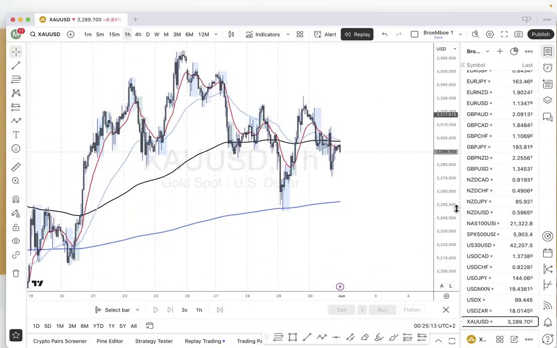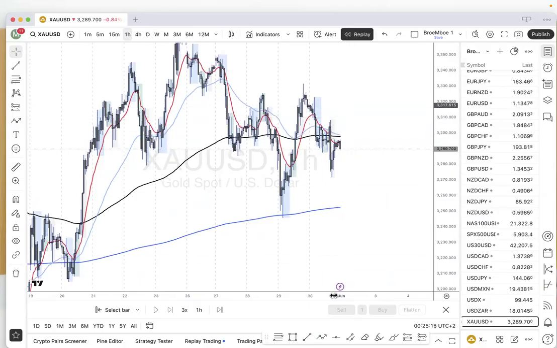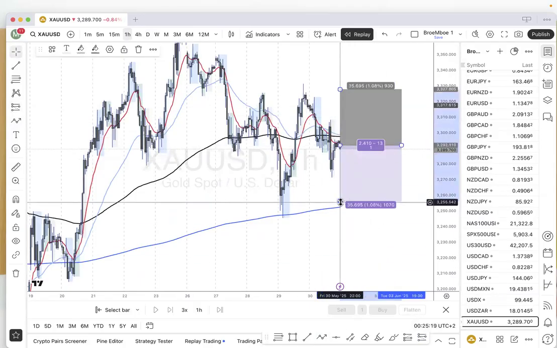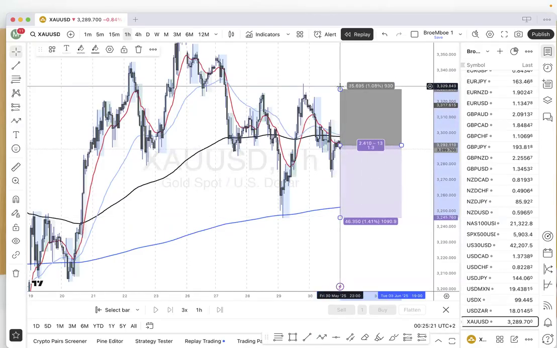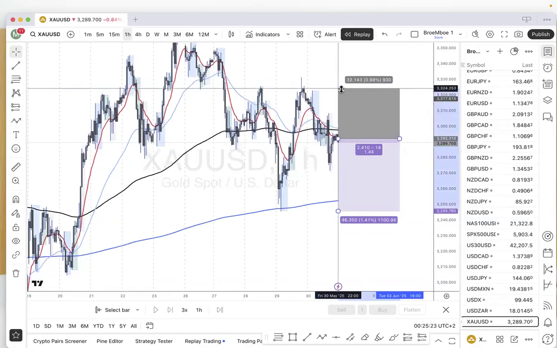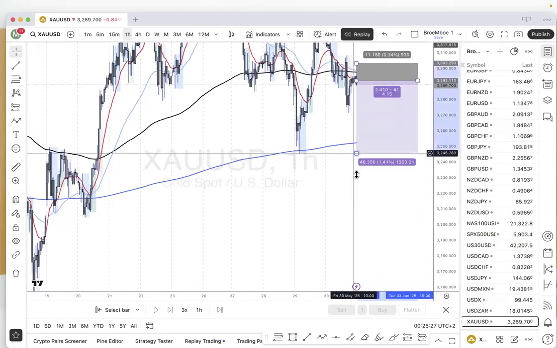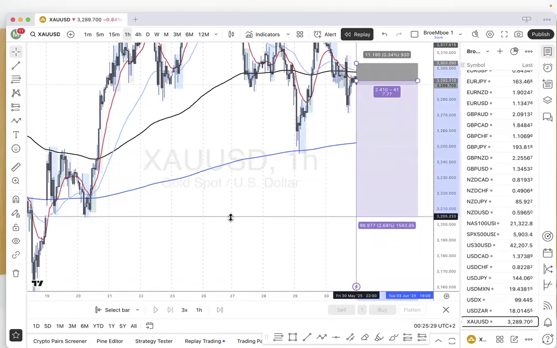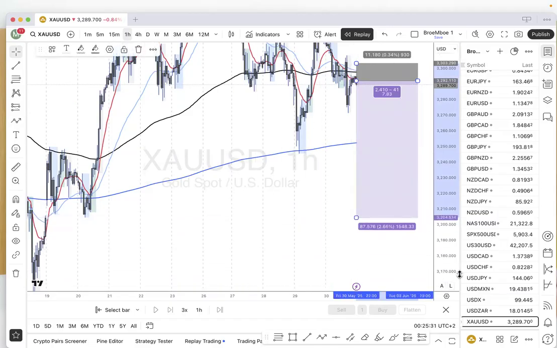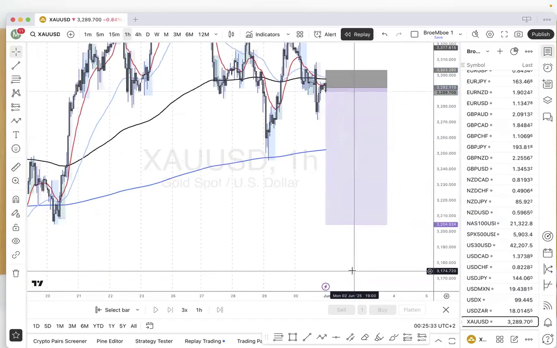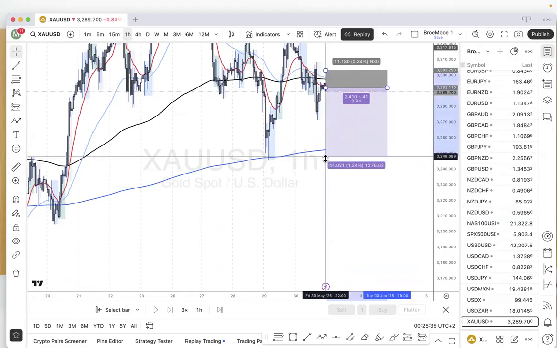For example, at this point right here, if you do take a sell, your target is supposed to be right here. Once price gets there, you are out. Don't start being over ambitious looking for anything lower than that. You will not get it. So target these lows, get out.